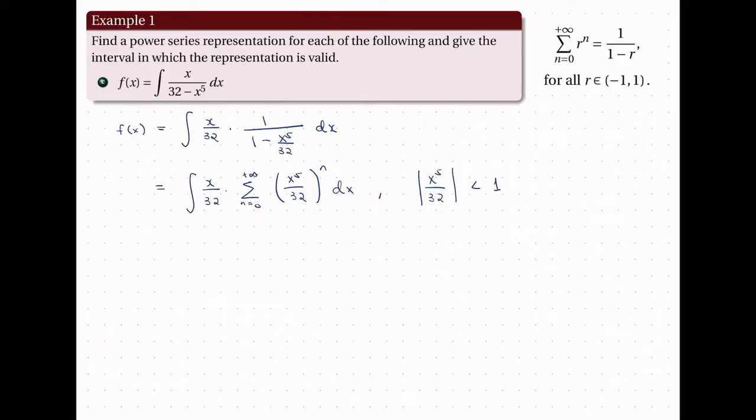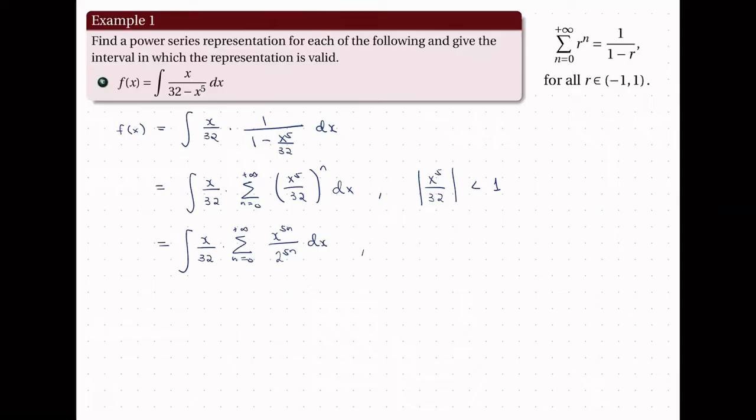Okay? And then, simplify muna natin yung ating integrand. So, we have the integral of x over 32 times the summation from n equals 0 to positive infinity of x raised to 5n over, dito isusulat natin yung 32 as 2 raised to 5. So we have 2 raised to 5n dx. Okay?